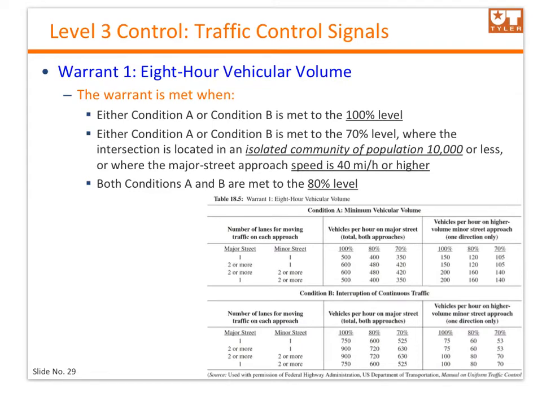The third case is if both conditions A and B are met at 80%. We would consider warrant 1 met, and therefore we can have a traffic signal based on warrant 1.